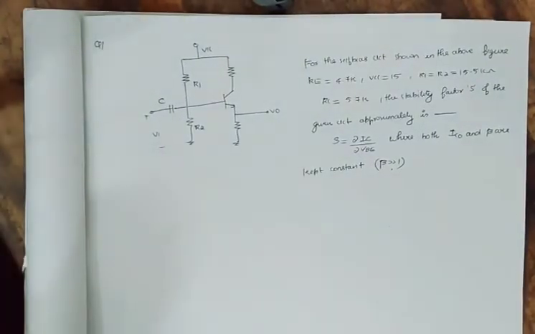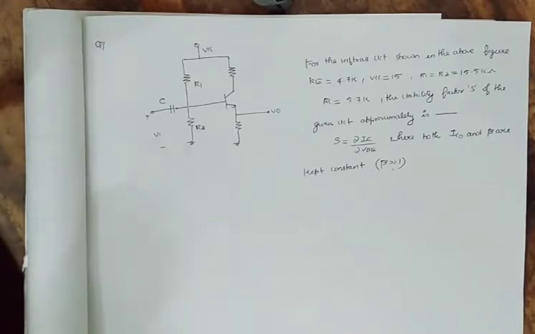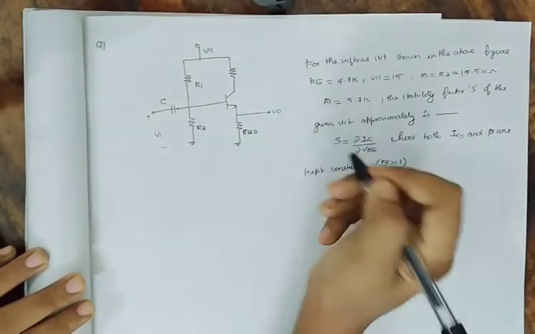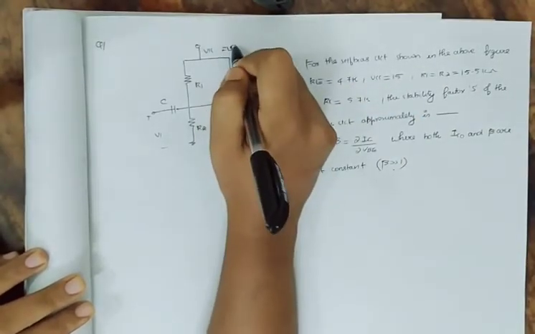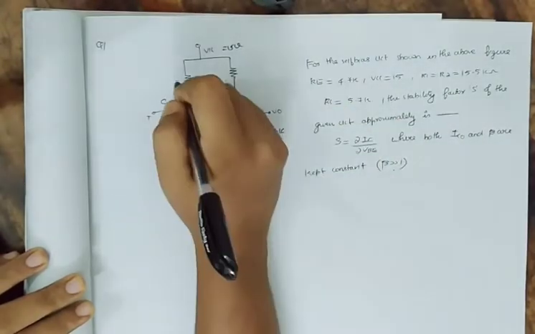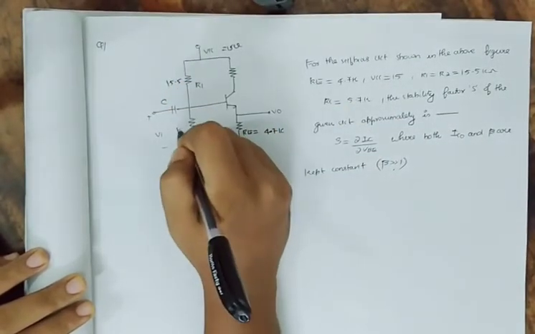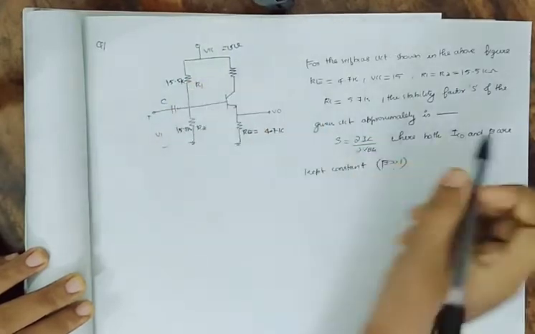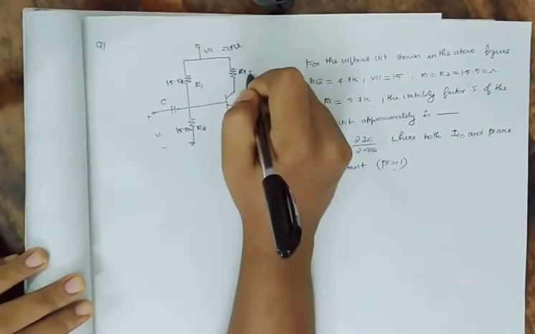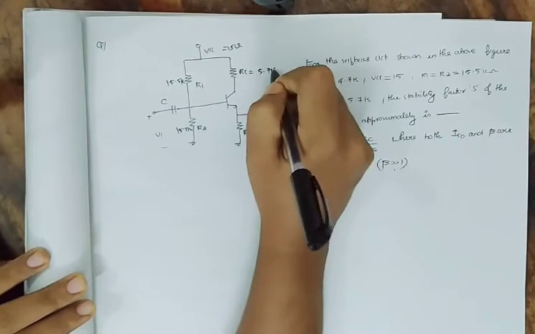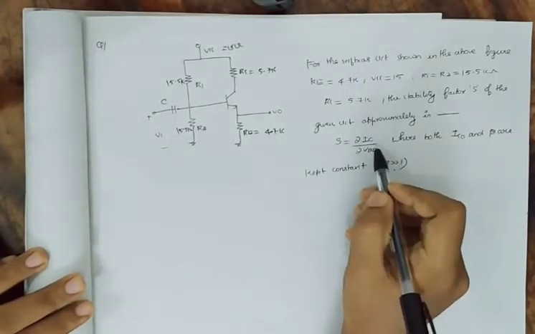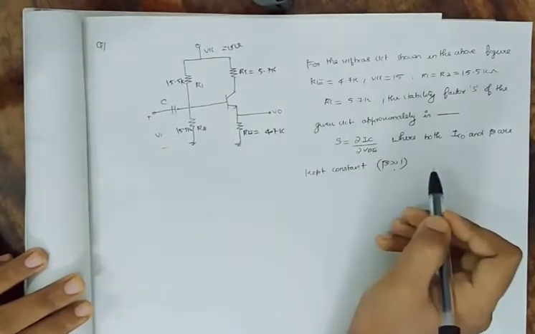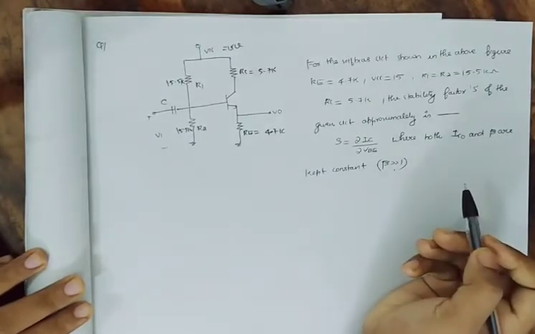For the self-biased circuit shown in the above figure, RE equal to 4.7 K, VCC equal to 15 volt, R1 equals R2 equal to 15.5 K, and RC equal to 5.7 K. The stability factor S of the given circuit approximately is... The stability factor is del IC divided by del VBE, where both ICO and beta are kept constant.